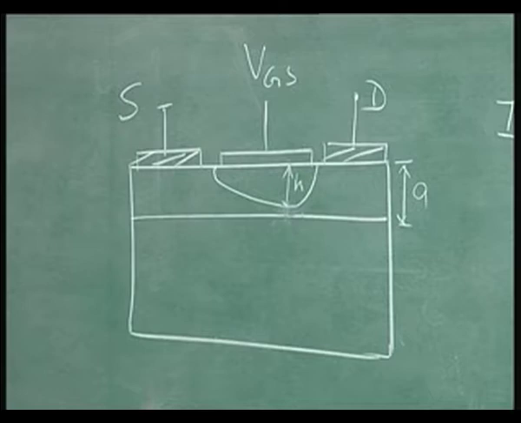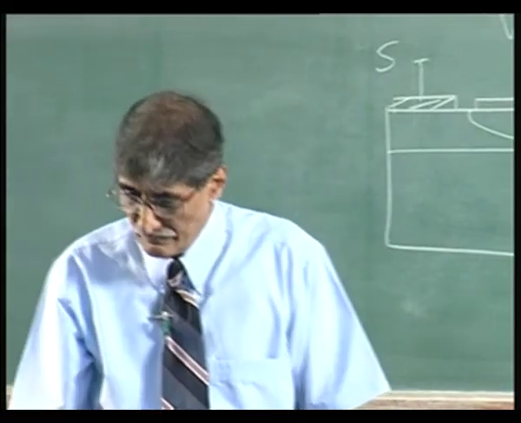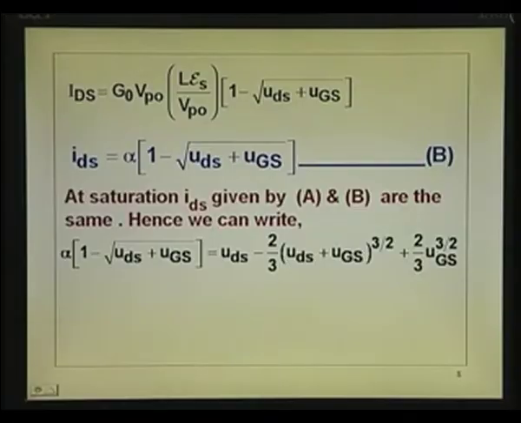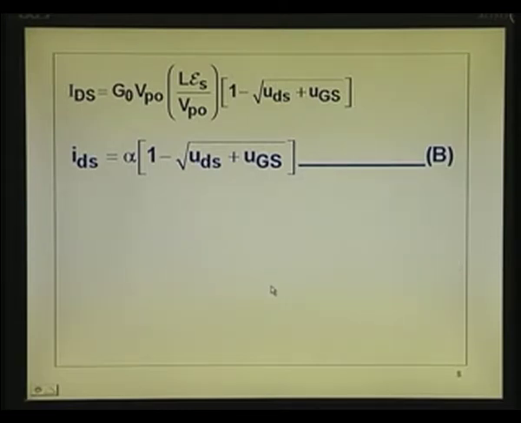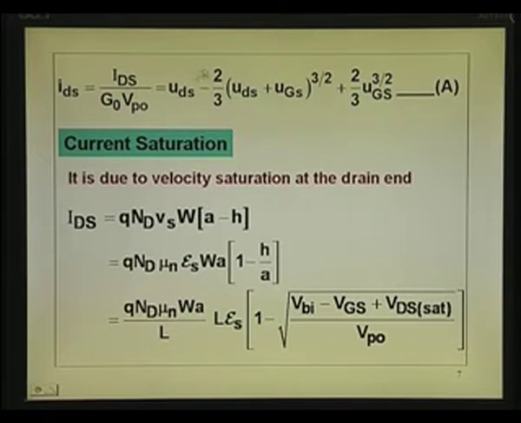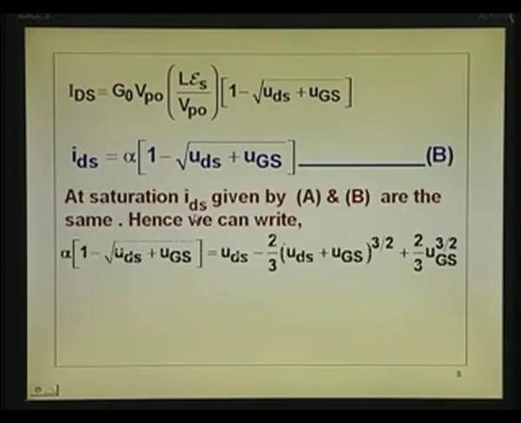So, equate both of them, you can find out V d sat. That is the right hand side of equation B, and this is the right hand side of equation A, that portion. The currents are the same thing in the same device.